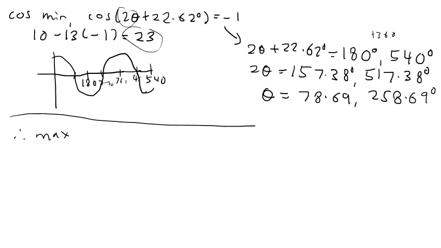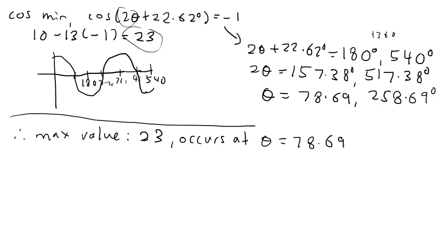So the maximum is actually 23, which occurs at theta equals 78.69 degree and also 258.69 degree. And for the minimum value, remember the minimum value is negative 3.